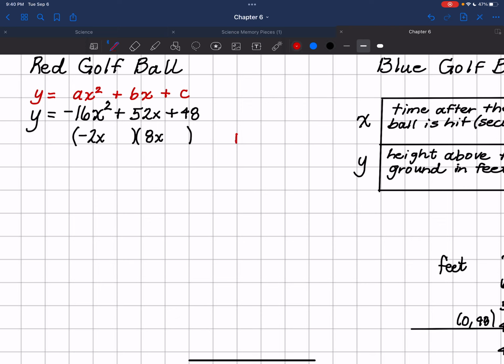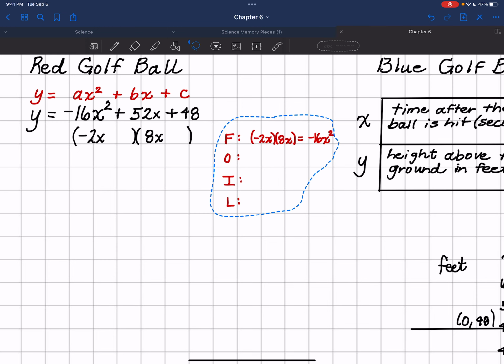Let me just remind you, using FOIL, why that is true. FOIL, the F stands for first, so you would multiply this term times this term, and that will give you negative 16x squared. And I'm just hoping that that is the right two terms.